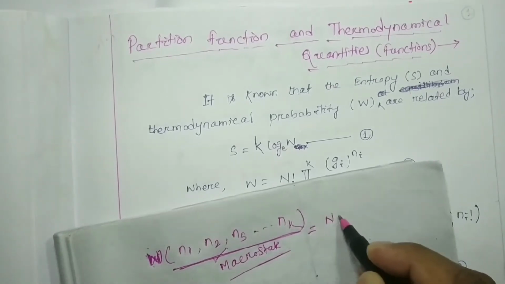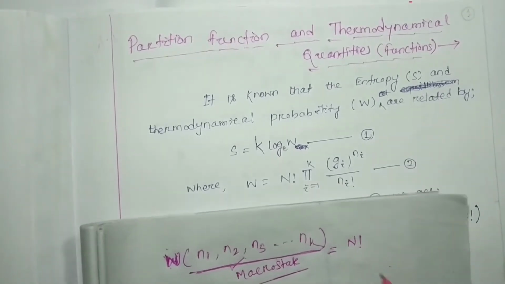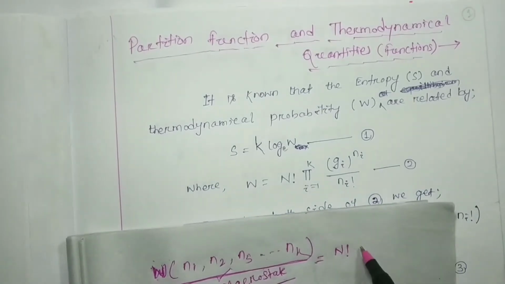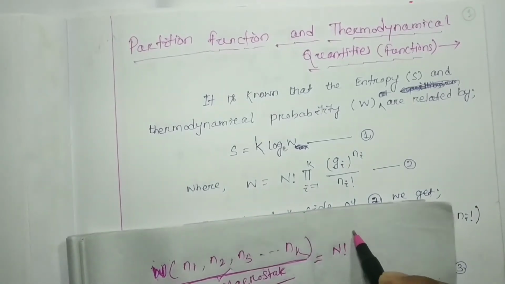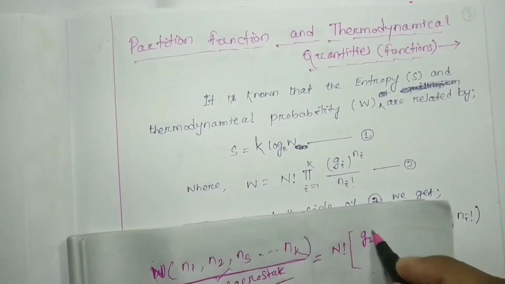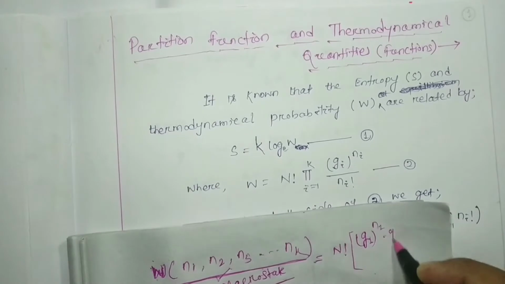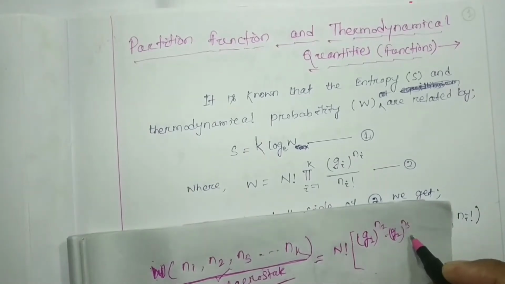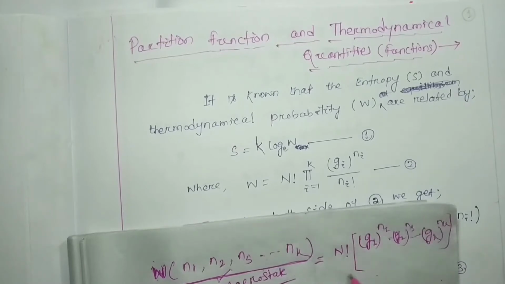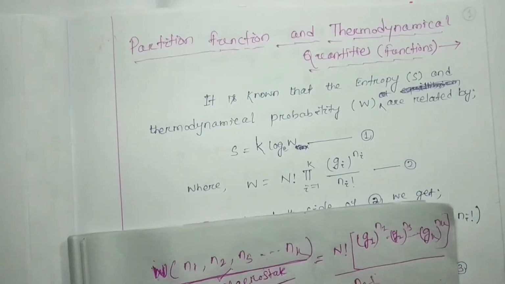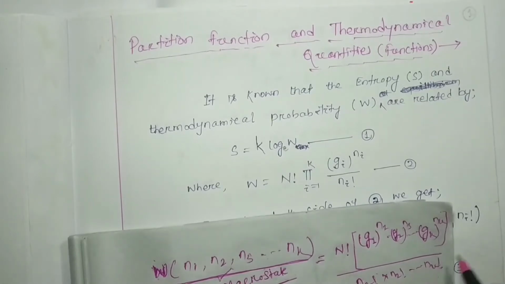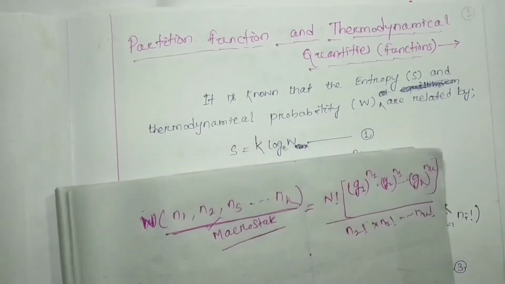The thermodynamical probability W of this macro state will be equal to how much? Total number of particles factorial, n factorial, into g1 to the power n1 into g2 to the power n2 up to gk to the power nk, whole divided by n1 factorial into n2 factorial up to nk factorial.